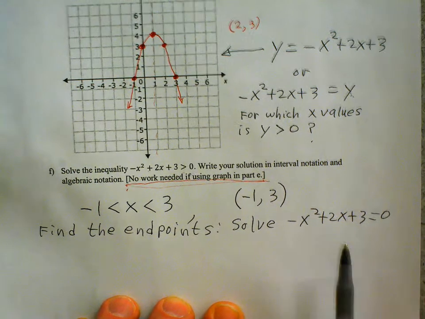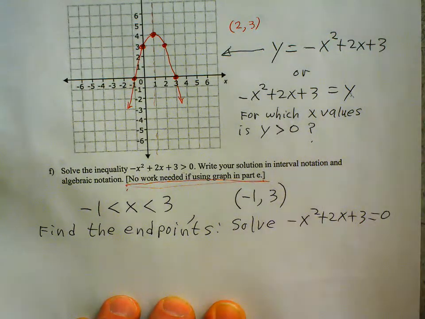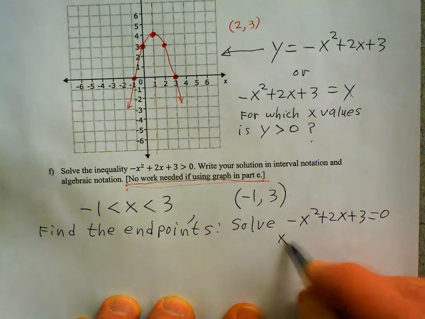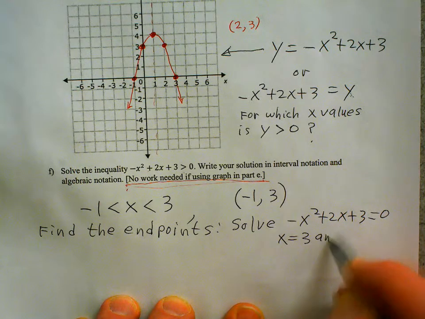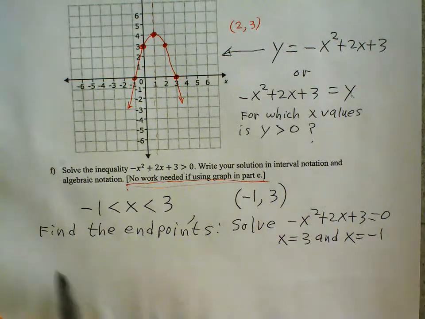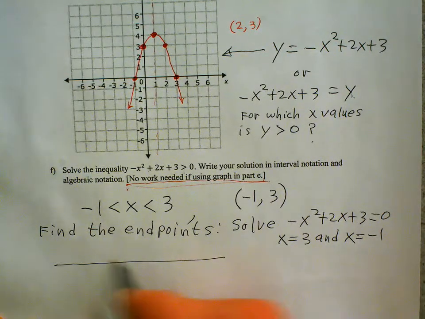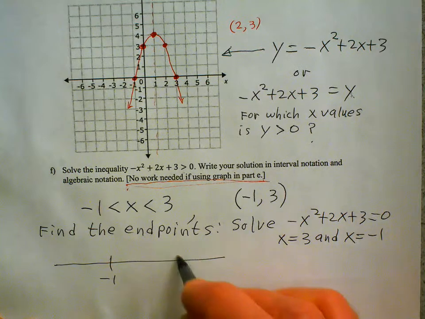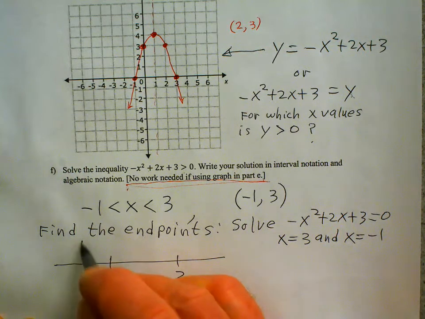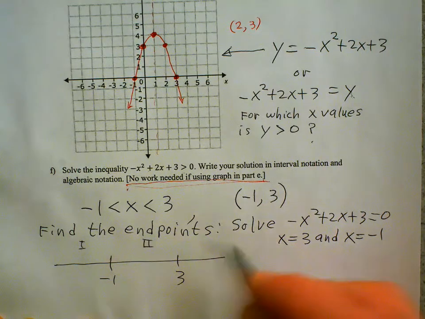But we already did that above when we were finding the x-intercepts. So the endpoints are x equals 3 and x equals -1. So you can plot the endpoints -1 and 3, divide the number line into 3 separate intervals.